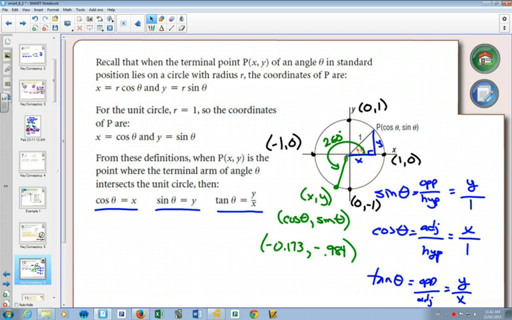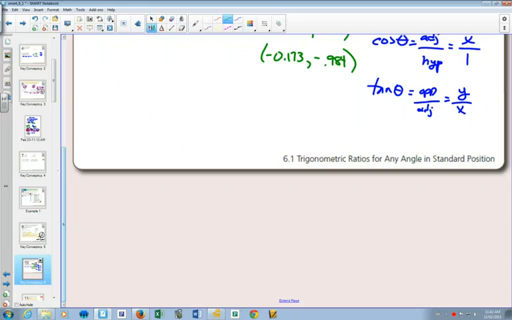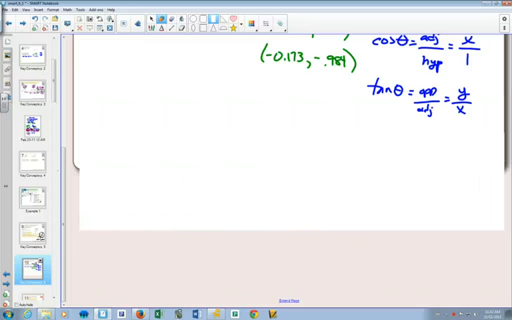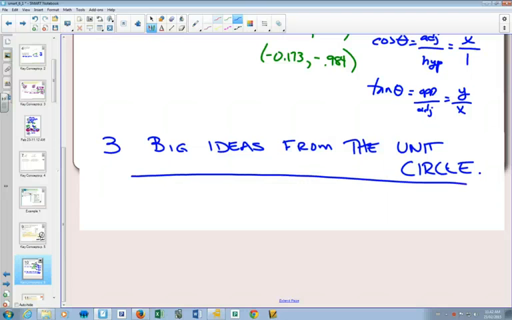So at the bottom of your page, you have space, and what we're going to write is three big ideas from the unit circle.